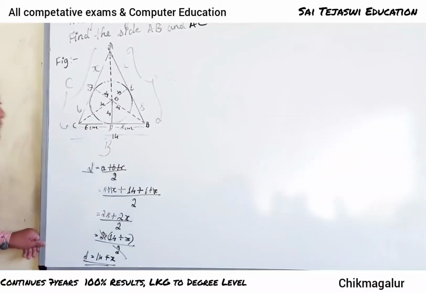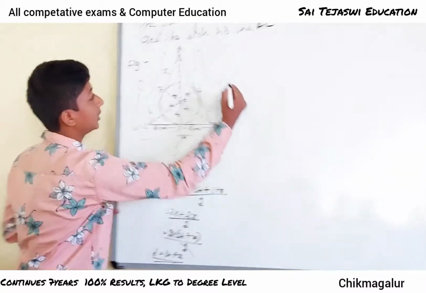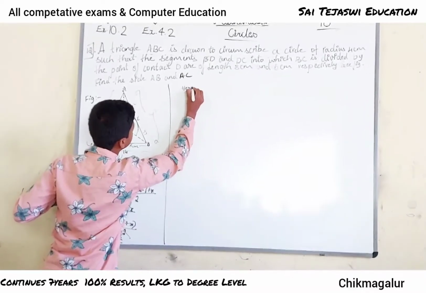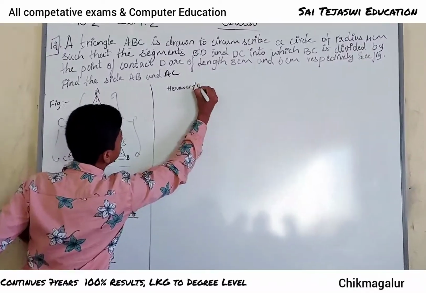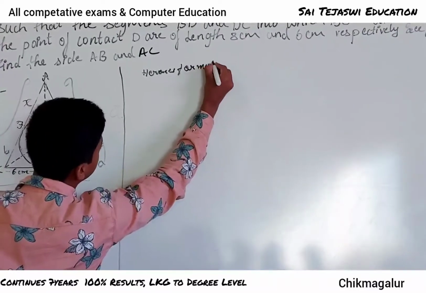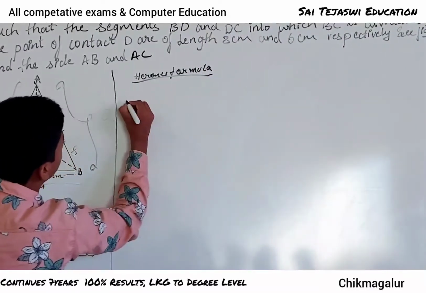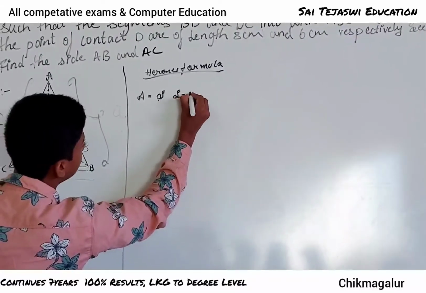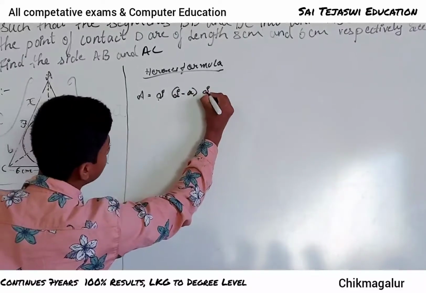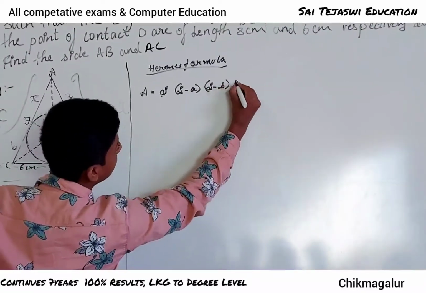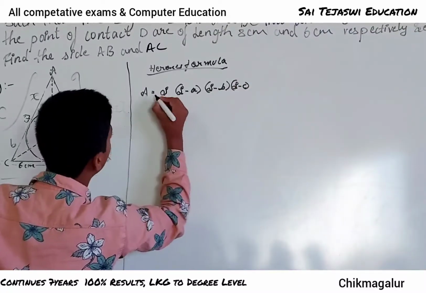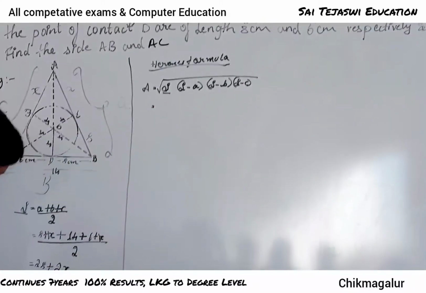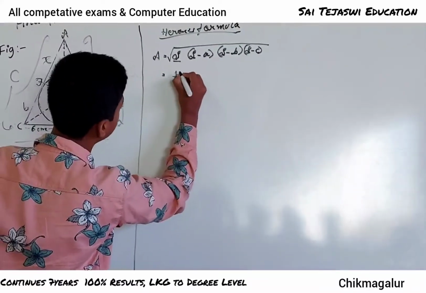Now we should apply Heron's formula. In Heron's formula, area equals the square root of S, which is the semi-perimeter, times S minus A, times S minus B, times S minus C. We found the value of S, so we take this as 14 plus x.